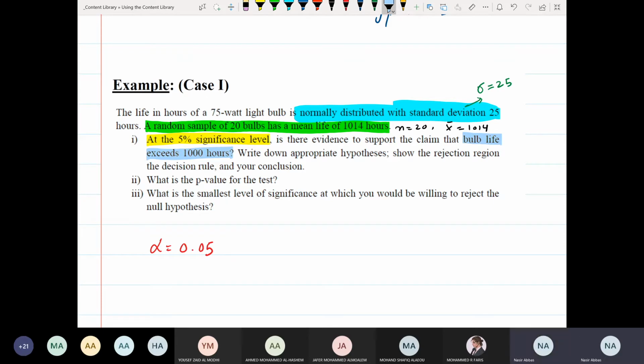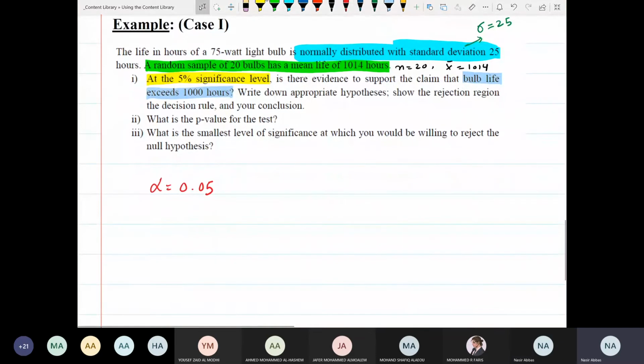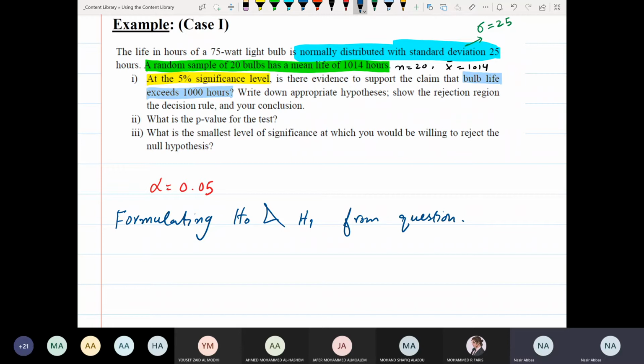Now I'm going to tell you the steps to formulate H0 and H1, and this is the most important part of hypothesis testing. Formulating H0 and H1 is the most important and most critical step of hypothesis testing. The first thing you need to identify is, what is your parameter of interest?